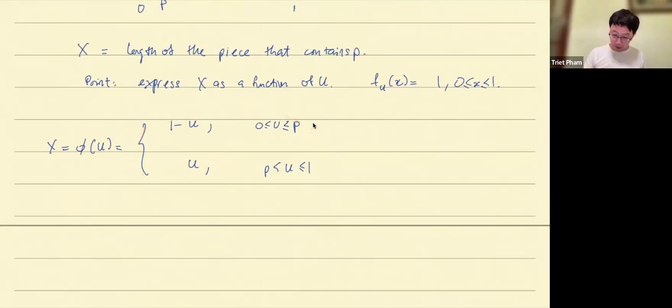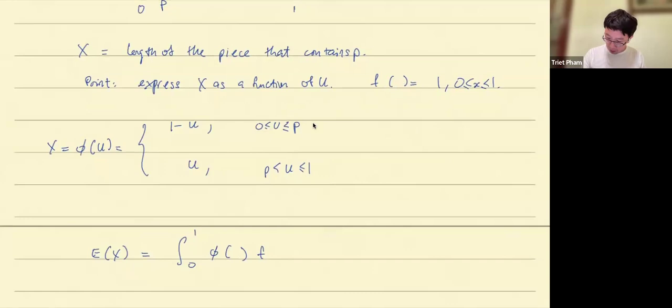So therefore, the answer is very simple, the expectation of X, which is the integral from 0 to 1. If I want to stick with my notation, this will be capital U and this is little u, but capital U and little u is hard to distinguish on my tablet.